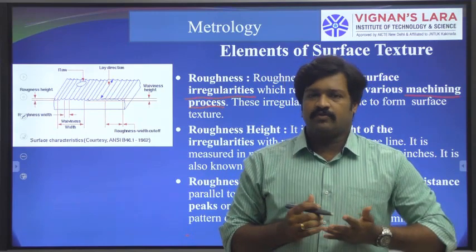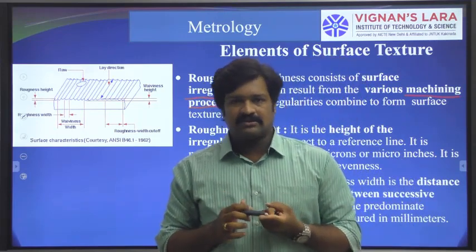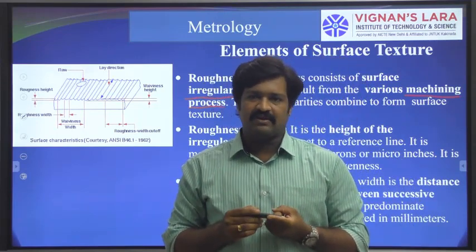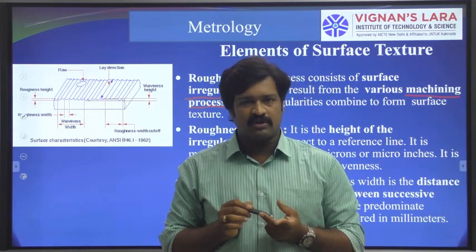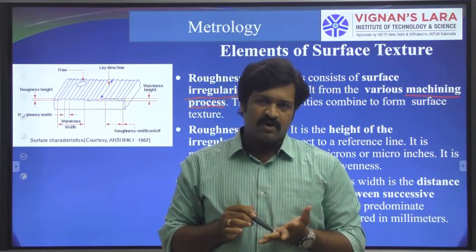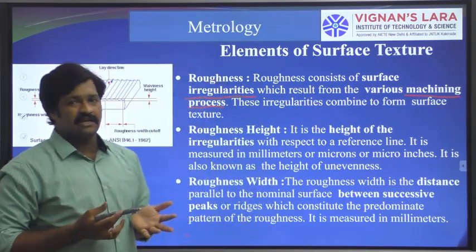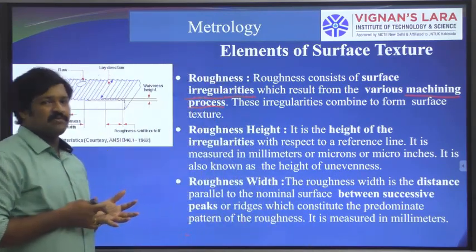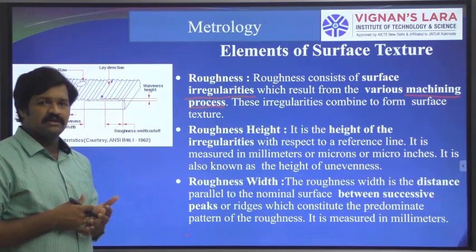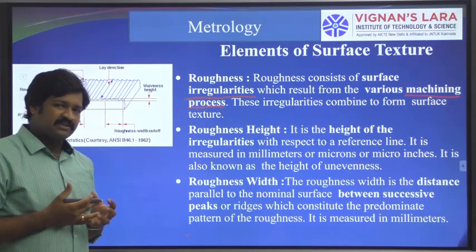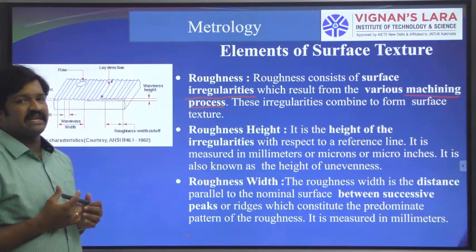We can obtain parallel marks in the turning process, whereas circular marks in the facing process. Similarly, cross marks during the lapping process, and irregular, multi-directional marks during lapping. So depending upon the manufacturing process, we can get various irregularities.